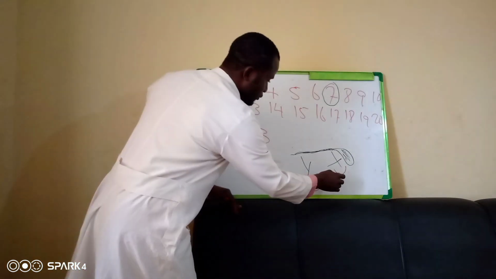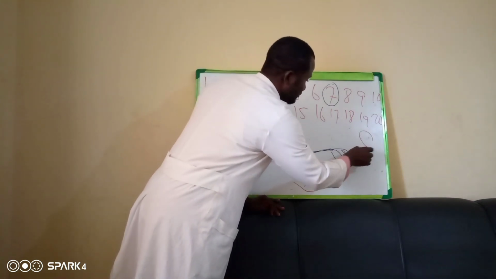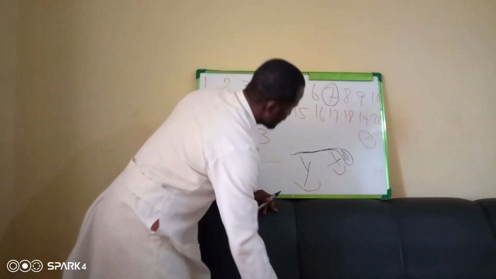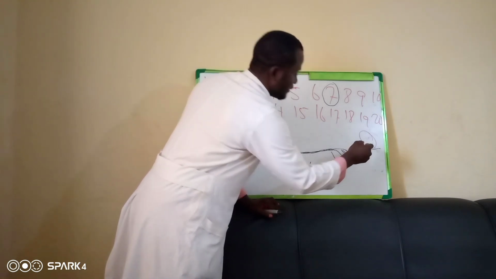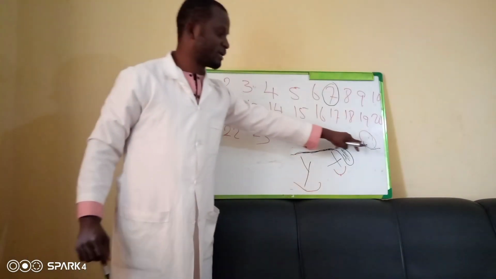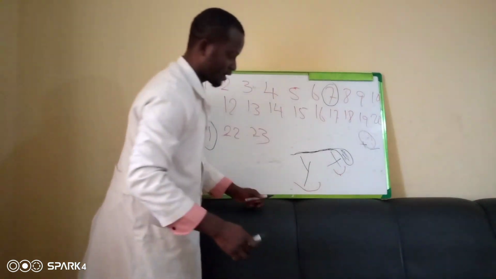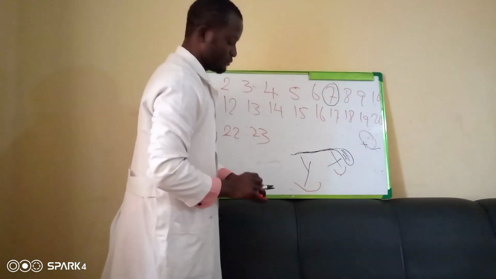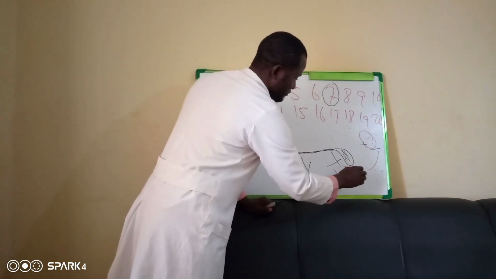If an X chromosome meets with an egg of a woman, which is made up of XX chromosomes, what happens is that you are going to have a baby girl.